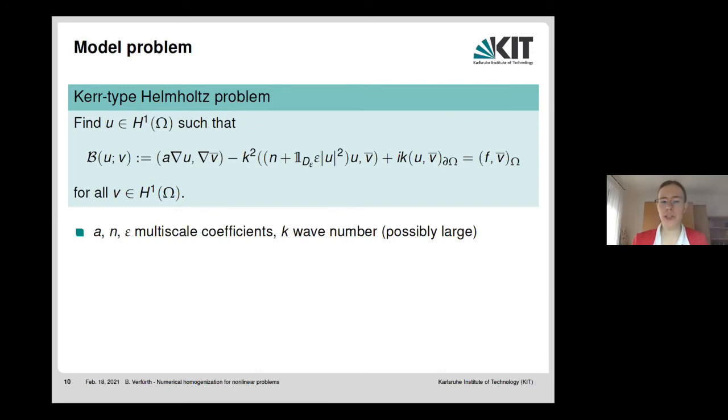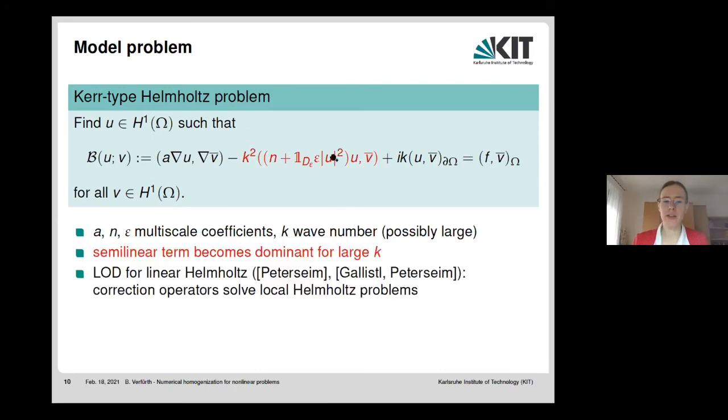I've stressed now several times that the wave number K can be large, and then this semi-linear term can become dominant. How does this express itself?